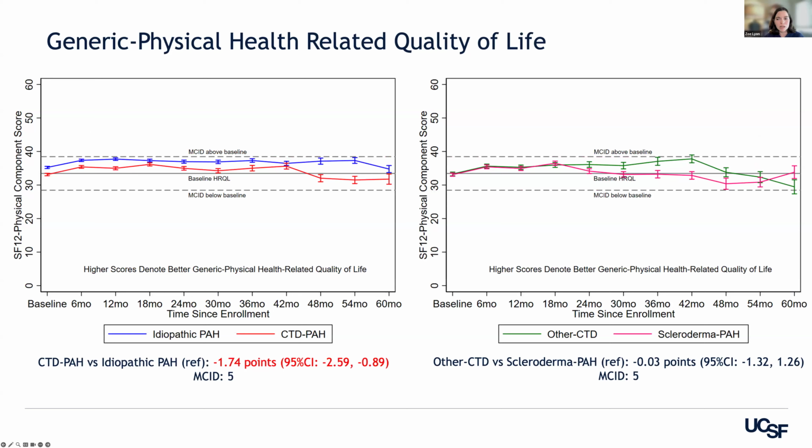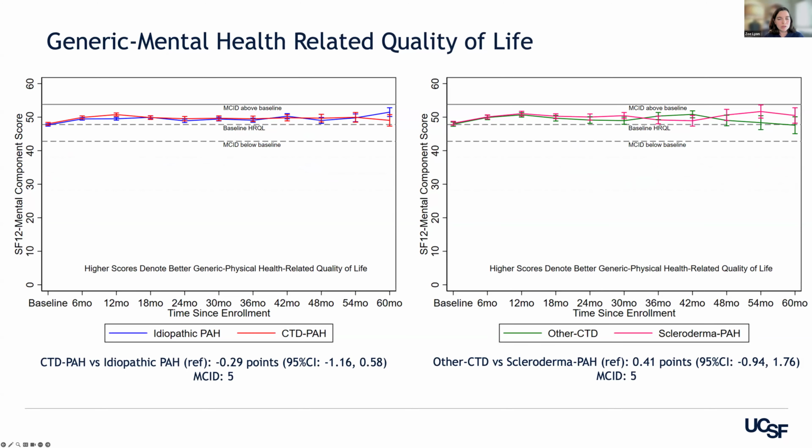Looking at health-related quality of life, we did this 3 different ways. We looked at general and PH-specific measures. For generic physical health-related quality of life, CTD-PH patients had lower scores, denoting worse quality of life, and there was no difference between the CTD subtypes. Looking at mental health-related quality of life, there was no difference in our 2 main groups, and then no difference in our CTD subgroups.